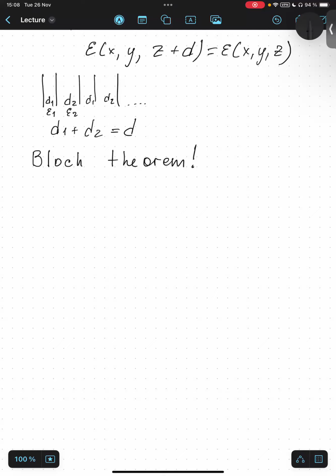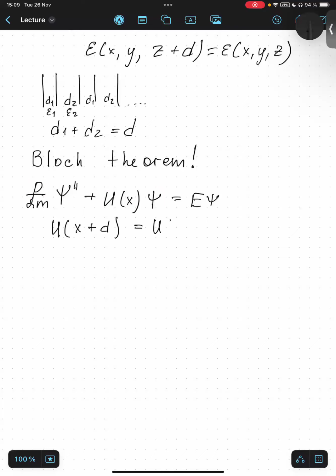But we will start by considering the Schrödinger equation: minus h-bar squared over 2m, psi double prime, plus u, some potential, psi equal to e psi. And this potential satisfies u of x plus d equal to u of x.